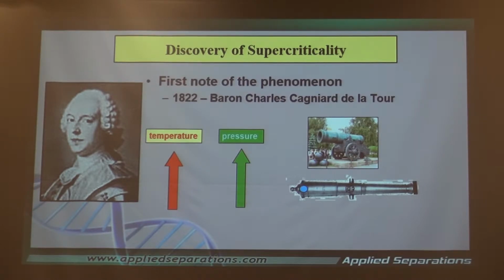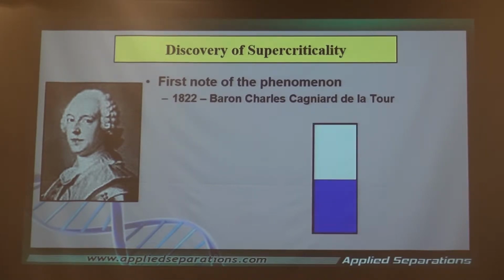As he increased the temperature, the pressure increased. There were two phases. As he rocked it back and forth, as the temperature and the pressure increased, he realized that the sound changed going from the dense liquid to the gas. As he increased the temperature and pressure more and more, ultimately what he found was there was no change in the sound.